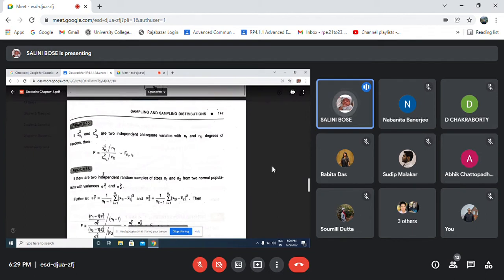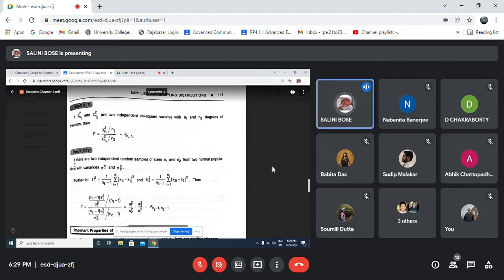So from here you can easily find the relation between chi-square and F distribution. This formula is important: F is equal to chi n1 square by n1 divided by chi n2 square by n2.